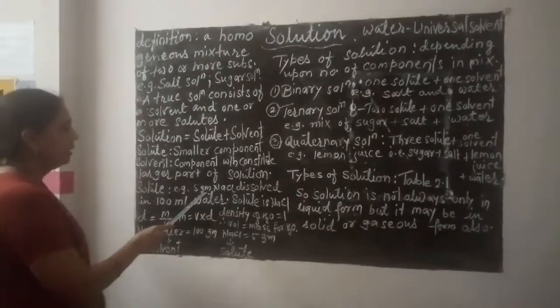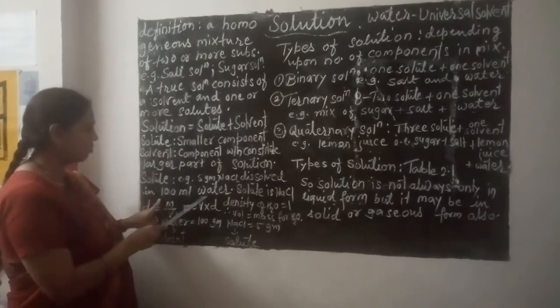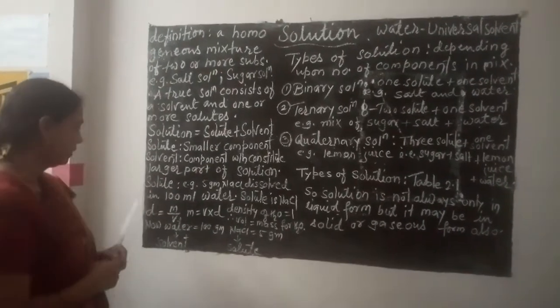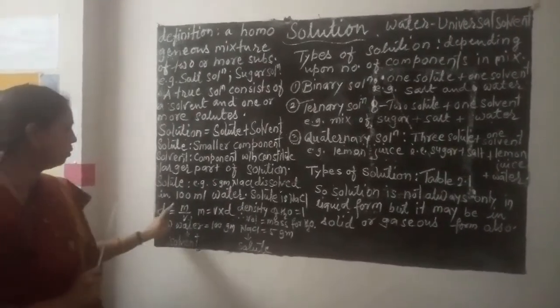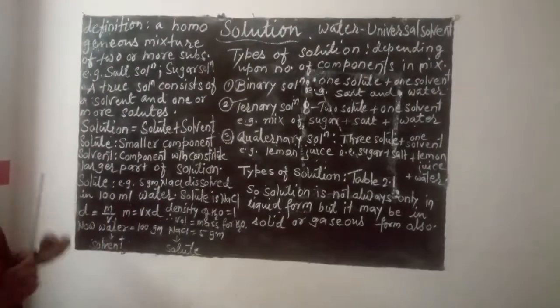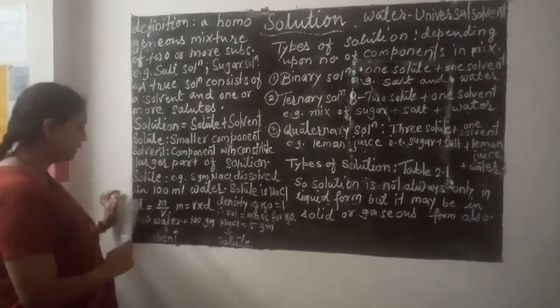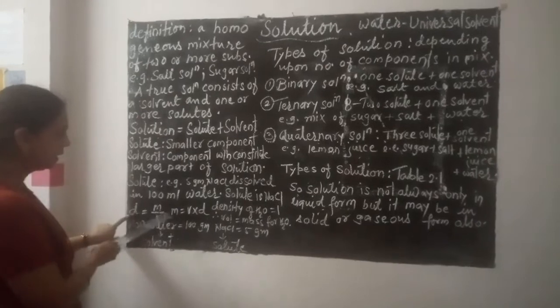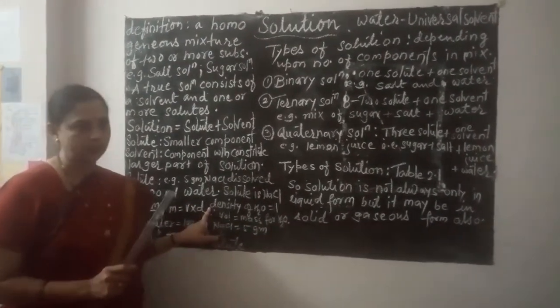See here, we have given 5 gram and in the case of water we have written 100 ml. So you already know that density is equal to mass upon volume. That means mass is equal to density into volume. Now the density of water is 1.